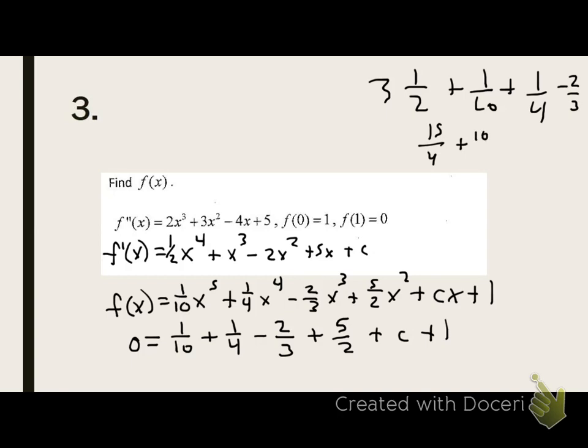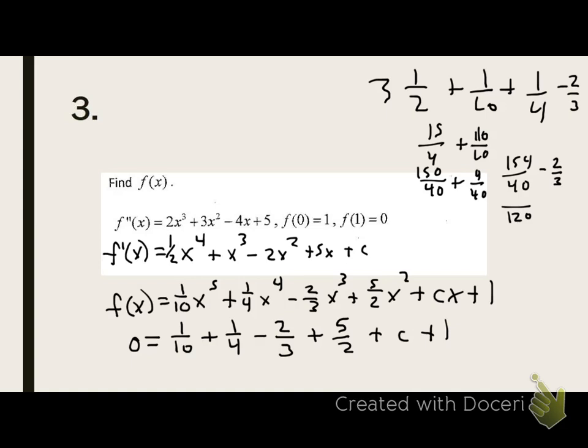plus a 1/10, 40. I'm going to try to do it in my head. So 4 40ths, 154 40ths, minus 2/3, 120, so 3.